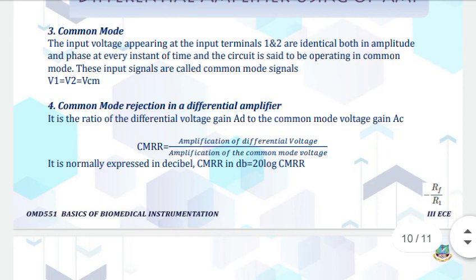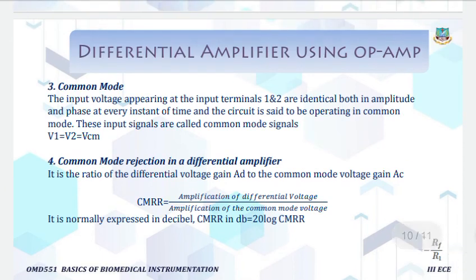The input signals are called common mode signals. That is, V1 is equal to V2.